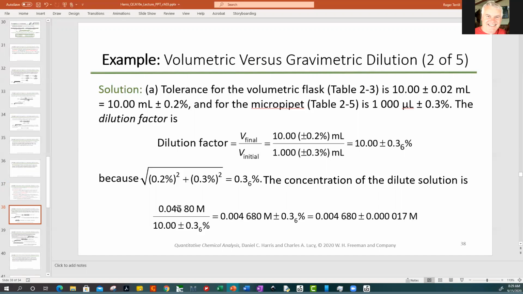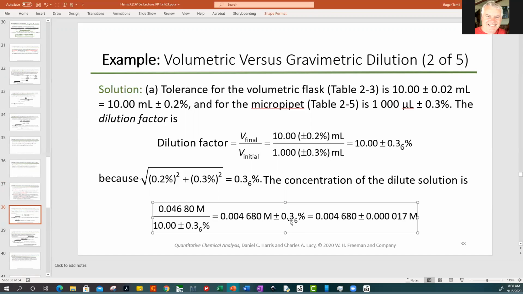So you do the division, you divide this number by 10, you get 0.004, right? You keep this guy up here, and then what you can do is you convert this to molar.